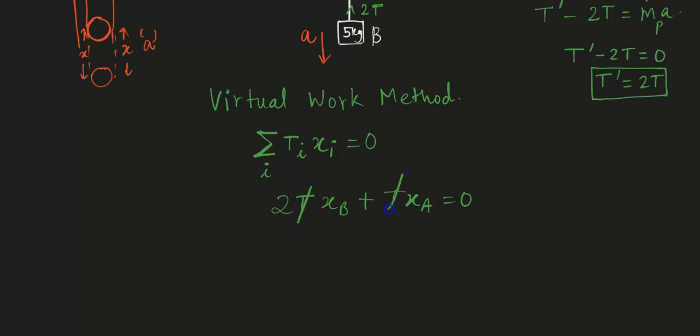If I divide both sides by T, I will get 2xb plus xa is equal to 0. So xa is equal to minus 2 times xb.